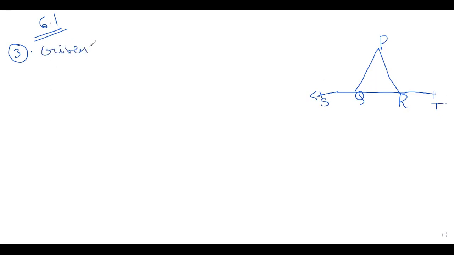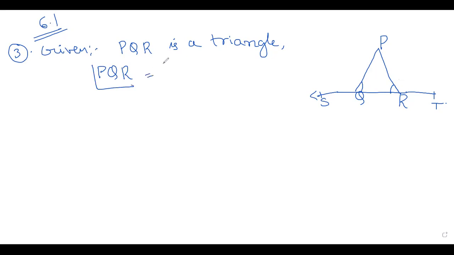What is given? PQR is a triangle. Angle Q is equal to angle R, right? Angle PQR is equal to angle PRQ. That is, angle Q is equal to angle R.